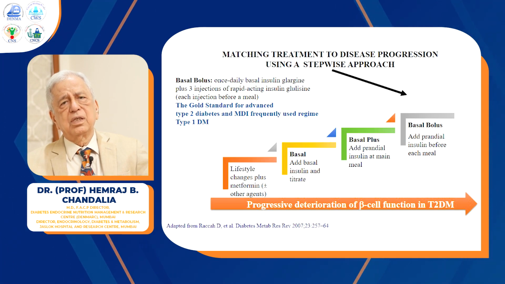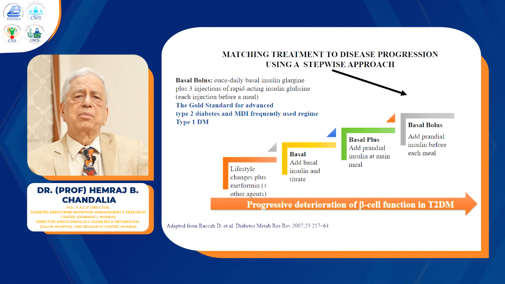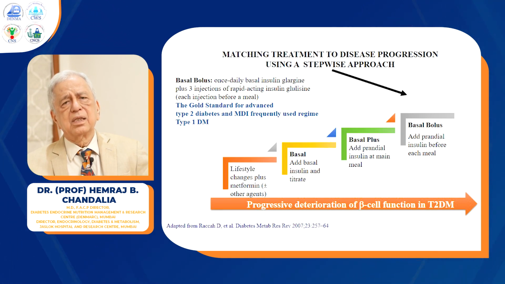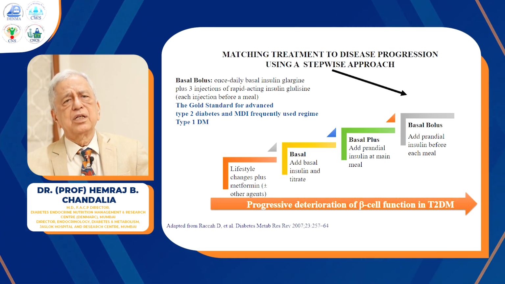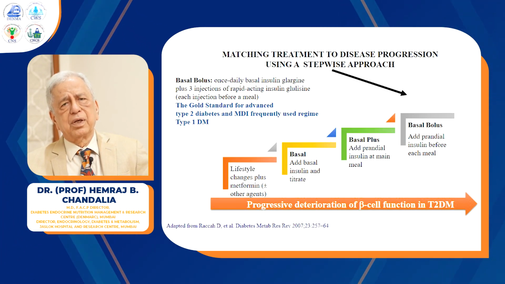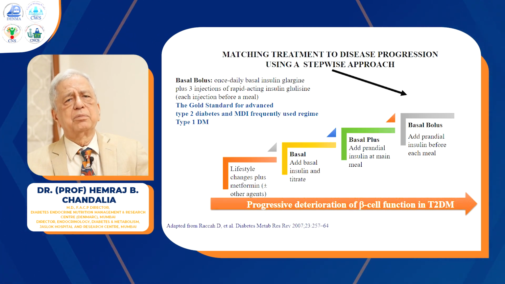And when basal insulin is optimized, and yet you find there is a severe prandial hyperglycemia at one of the meals, which may have been a large meal, then you introduce a single shot of short or quick-acting insulin before that particular meal. This is called basal plus, where 1 dose has been added.